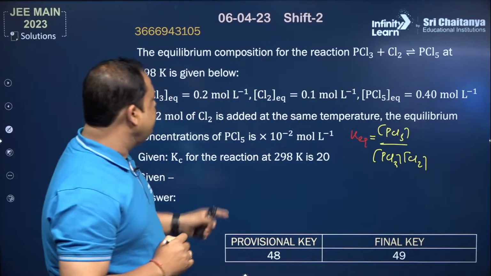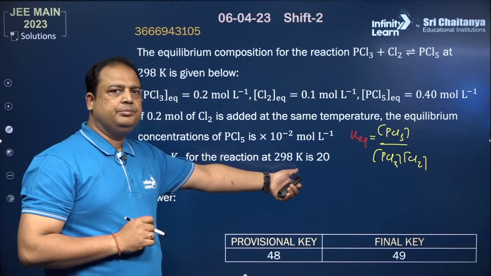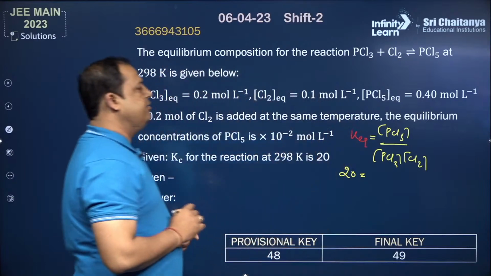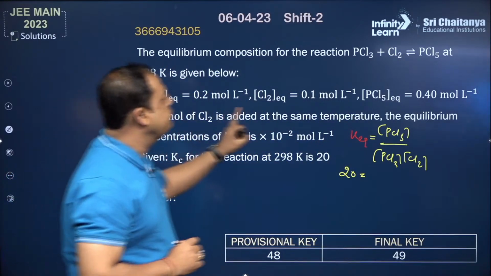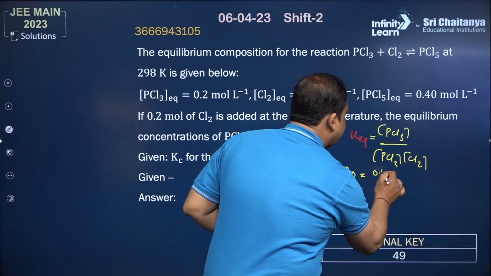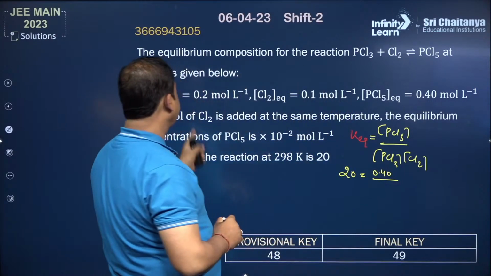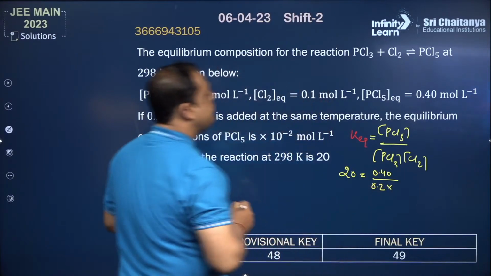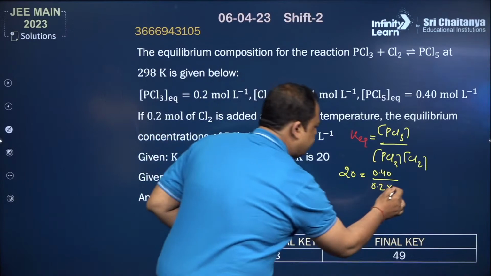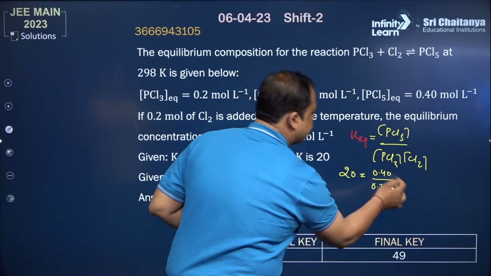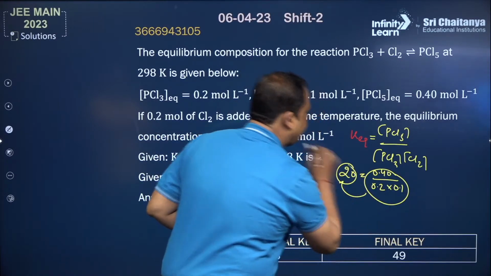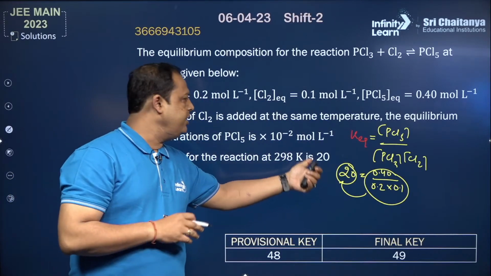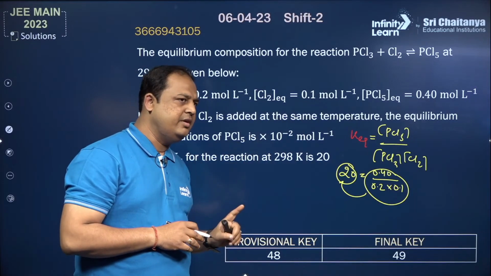The equilibrium values are given: PCl5 is 0.40, divided by PCl3 which is 0.2 times Cl2 which is 0.1. If you solve this, you will get 20. So the equilibrium constant value is 20 for these given concentrations.